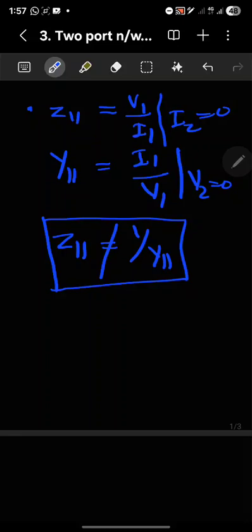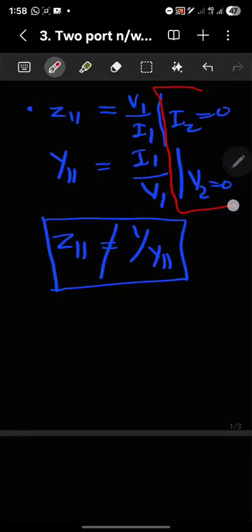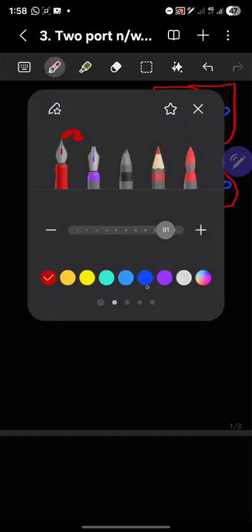So these two are not equal. Z11 and Y11 are not equal. If these terms were not there, then these two would be equal. But here these two conditions are present, so we cannot say those two are equal.